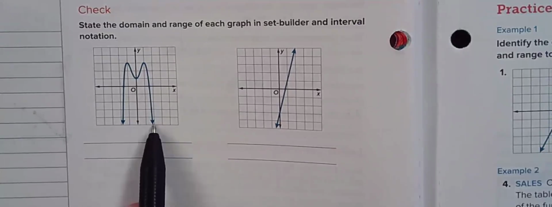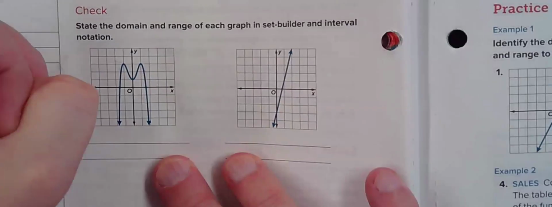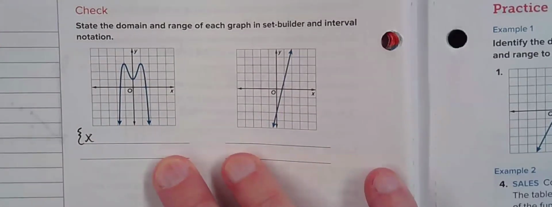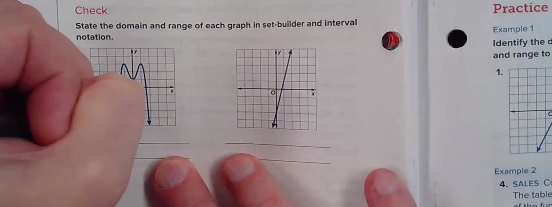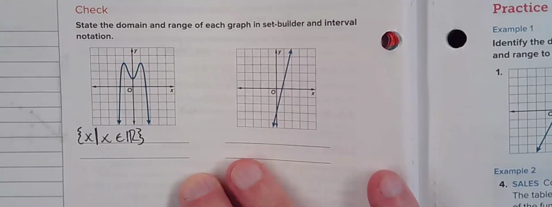So the domain here is all real numbers. So set builder notation, let's see if you got it. We're going to say all values of x such that x is an element of the real numbers. That's our domain in set builder notation.